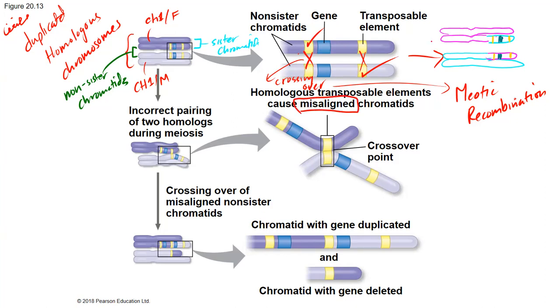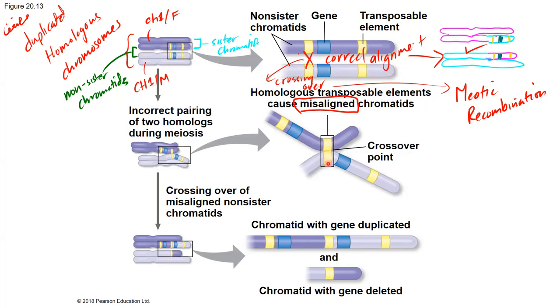So here the crossing over happened because we have correct alignment. Correct alignment means they are found in front of each other like this. So this is correct alignment, because as you can see, both non-sister chromatids are aligned along their length.